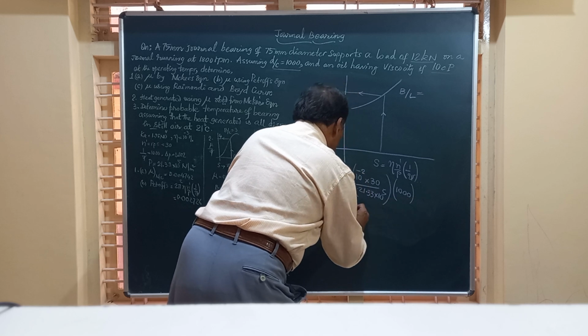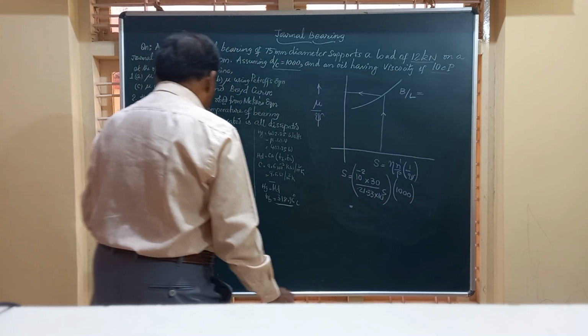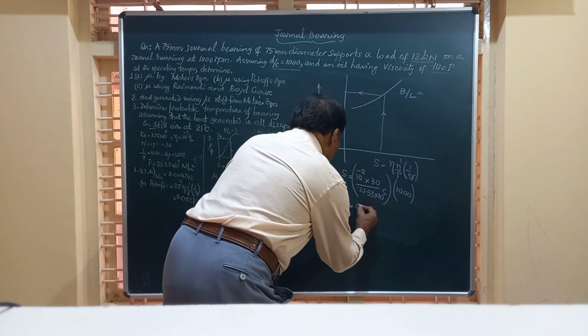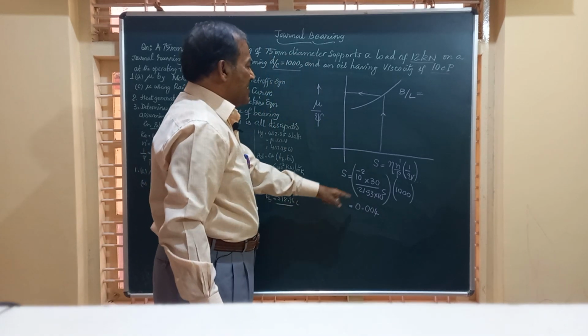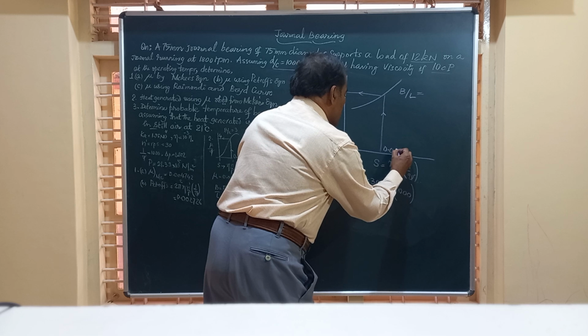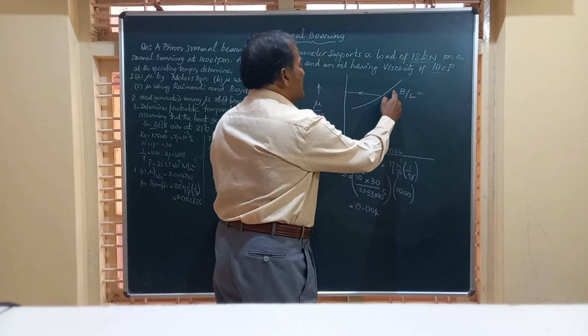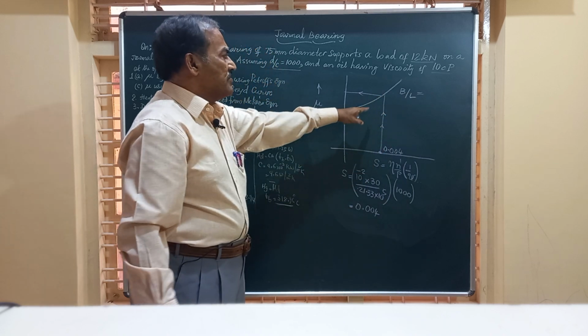So if we simplify this, we get the value 0.004. So we have got this value of S as 0.004. At that you should draw a vertical line till it touches the curve of B by L equal to what?